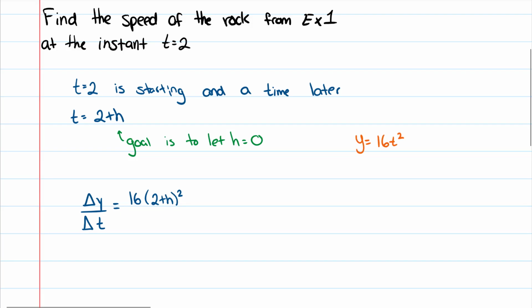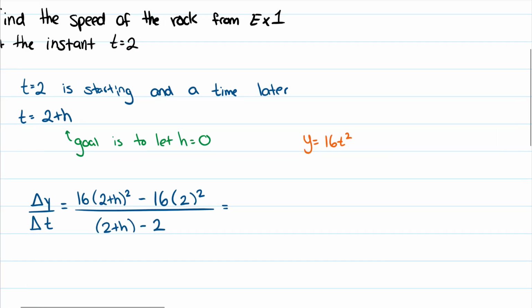So that's our time 2 minus 16 times 2 squared, all divided by 2 plus h minus 2. Now the problem with this, after we simplify, you'll notice that something with a fraction is going to be wrong.